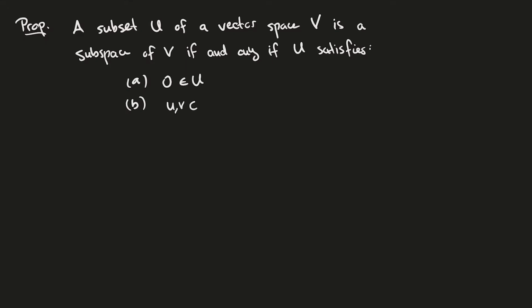This means that if u and v are elements of U, then so is u plus v. And finally, we want U to be closed under scalar multiplication. This means that if a is an element of F and u is an element of U, then a times u is an element of U.